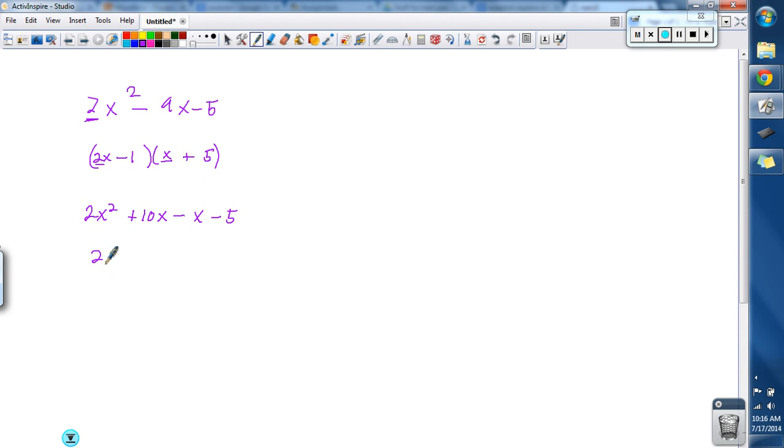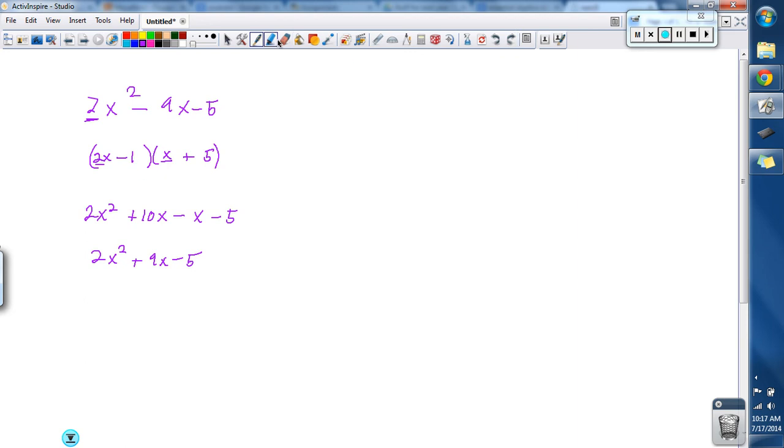So combining like terms, I get 2x squared plus 9x minus 5. And we go back up and look at the original problem. Well, this was a minus, so we didn't factor this correctly. But that tells us that there wasn't really much wrong with it, except for something's wrong with the signs.